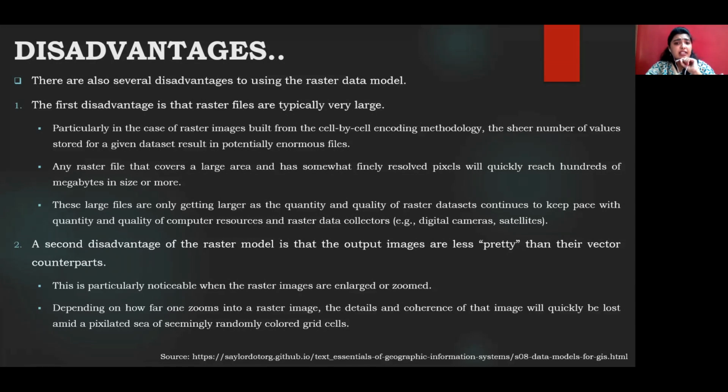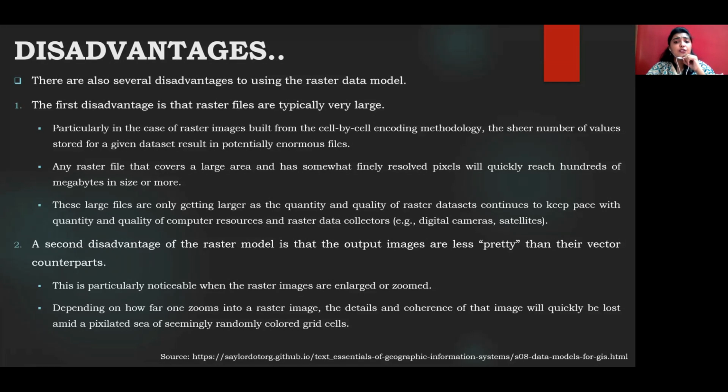Any raster file that covers a large area and has finely resolved pixels will quickly reach hundreds of megabytes in size, or it may go more. These large files are only getting larger as the quantity and quality of raster datasets continue to increase. Better raster datasets, larger the size, larger the space utilized in the hardware.